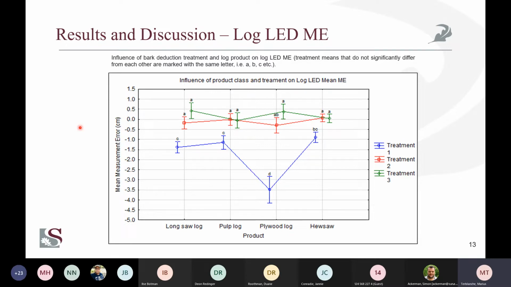That's the difference between the manual log diameter measurement and what the harvester's computer said the large end diameter was. And as you can see, with each of the treatments with the bark deduction methods, we got quite a bit closer to 0, which means we are getting a more accurate estimation of large end diameters.